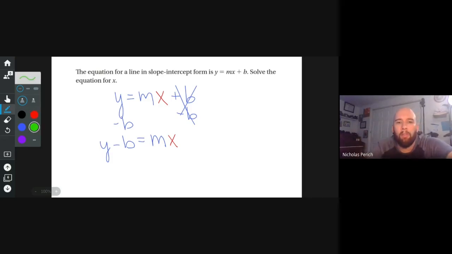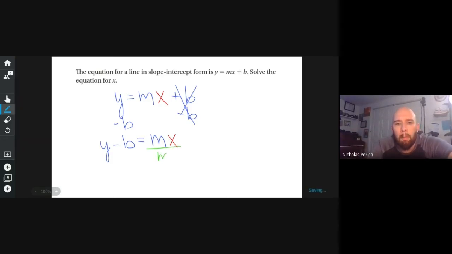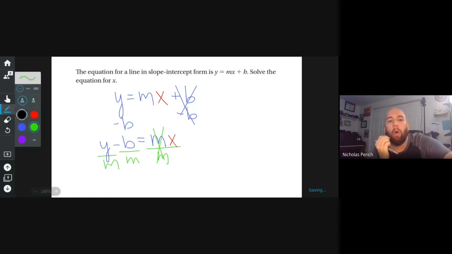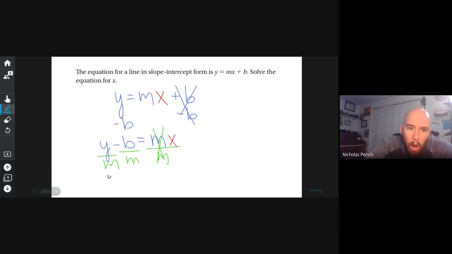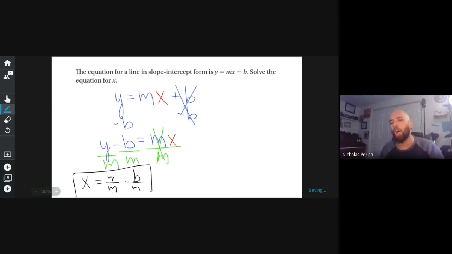So what I have is y over m minus b over m equals x, but I'm going to put the x on the left because it's proper.